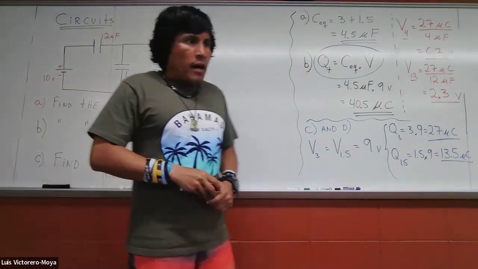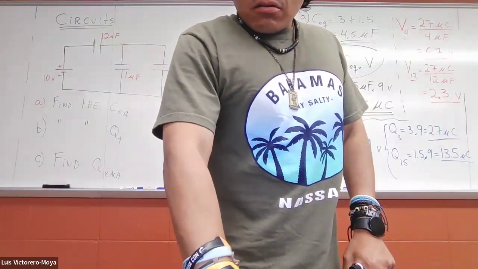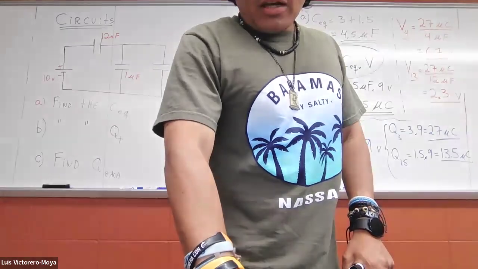You have 5, 1 in parallel, and then the other one in, well, outside.